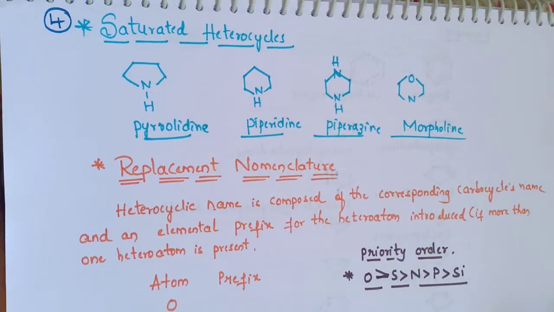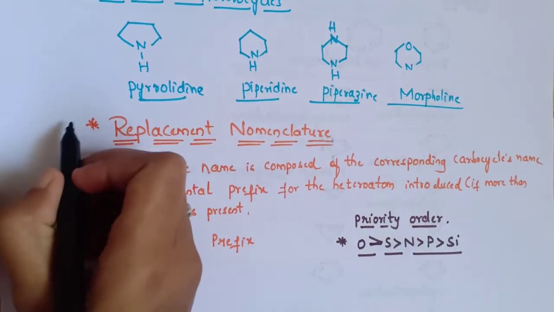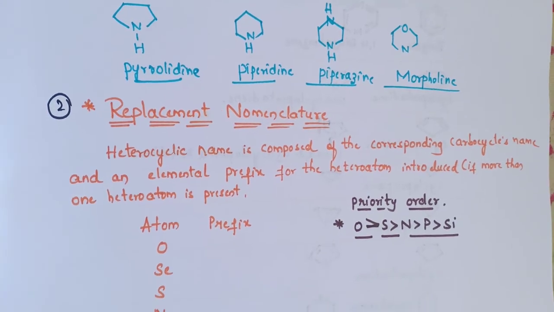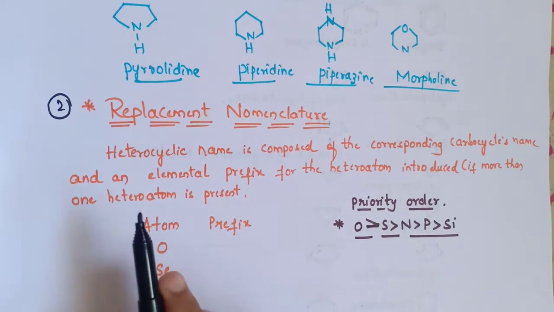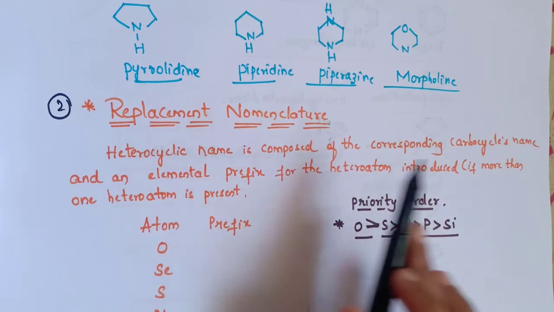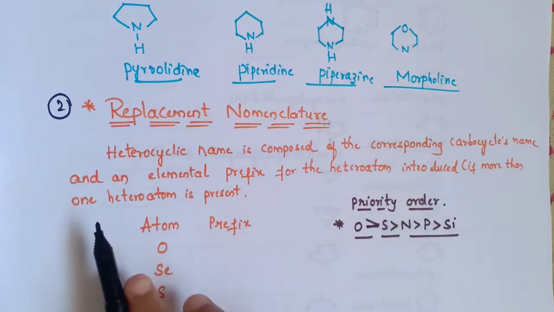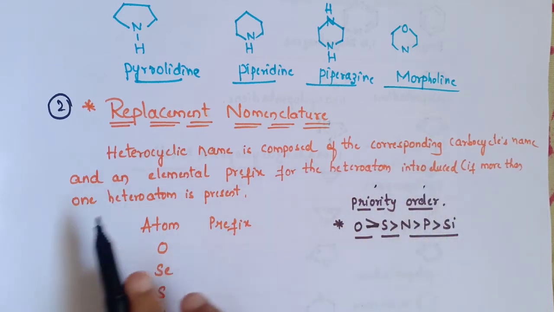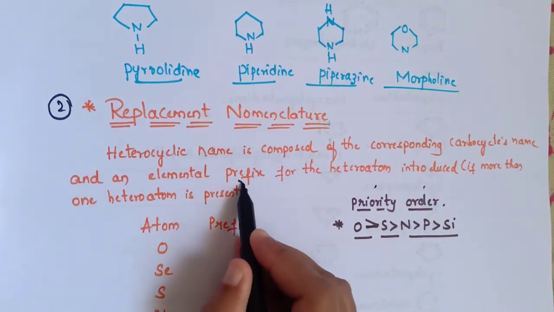The second type of nomenclature is replacement nomenclature. Now we have studied the common nomenclature, and now coming to the replacement nomenclature. Let's see the definition. A heterocyclic name is composed of the corresponding carbocycle's name, and an elemental prefix for the heteroatom is introduced, with multiplying prefixes if more than one heteroatom is present.